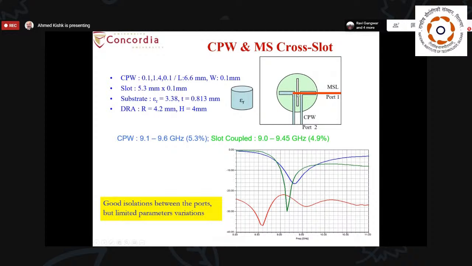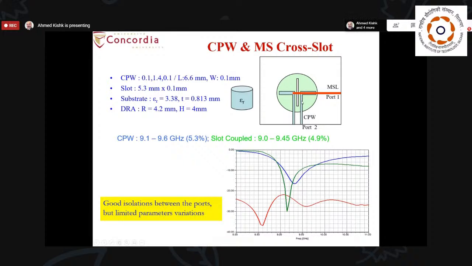This is another one where I have two slots orthogonal to each other, but excited with two different excitations. This slot is excited by a microstrip line in the back of the ground plane, but this slot is excited by a coplanar waveguide. That means the coplanar line going to the slot is on the ground plane itself.